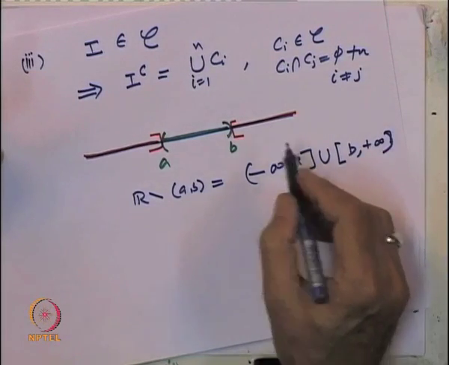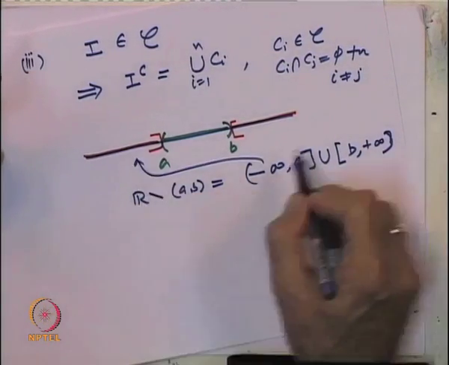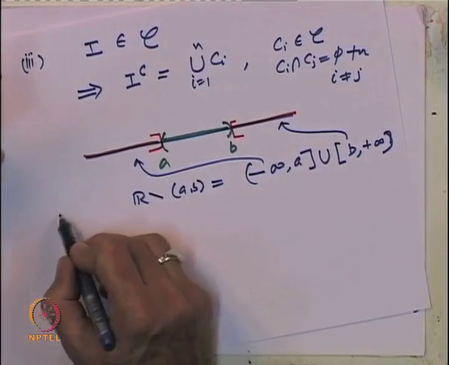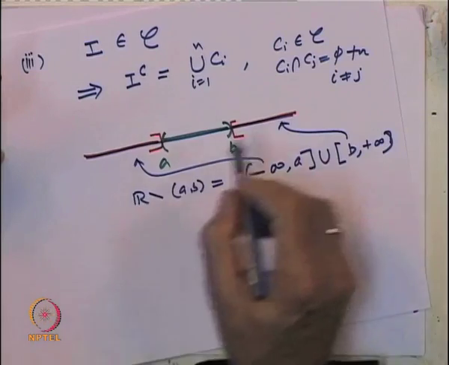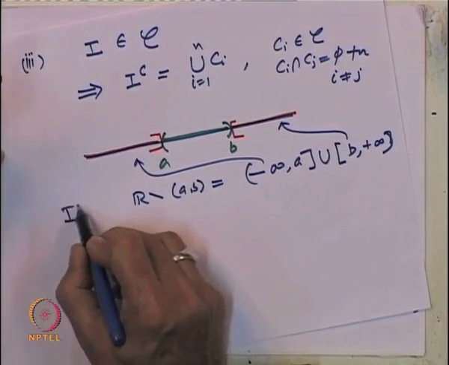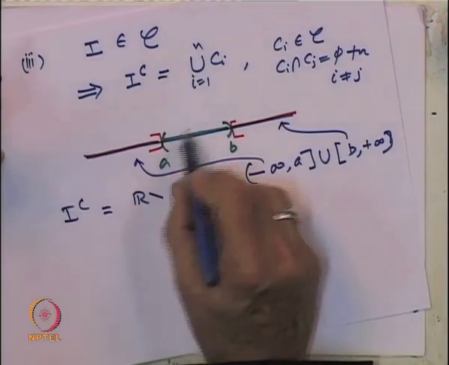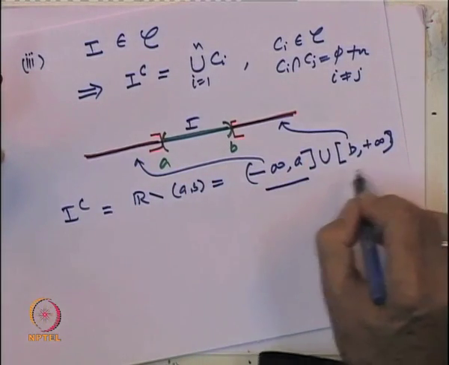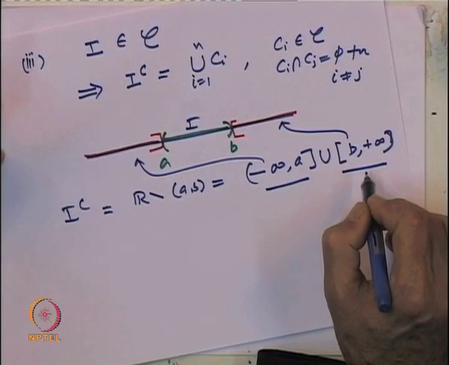So, this is this part and this is this part. So, if I take an interval I, that is I complement, where I is the interval (a, b), then its complement is a disjoint union of two elements.